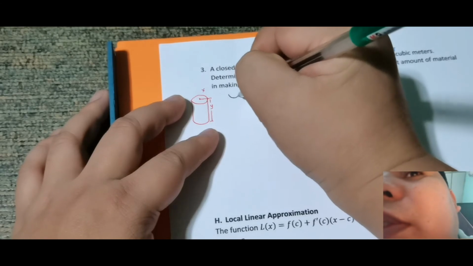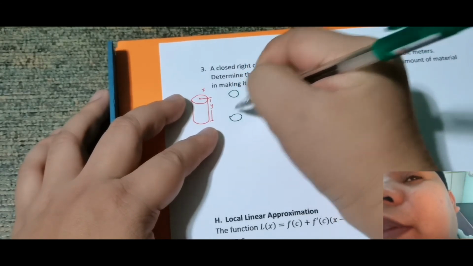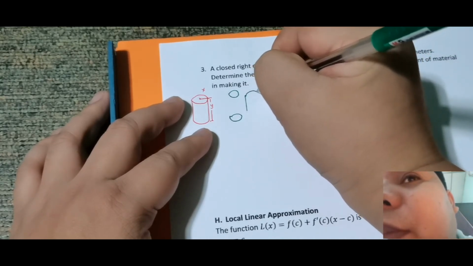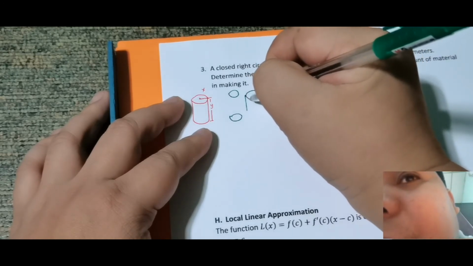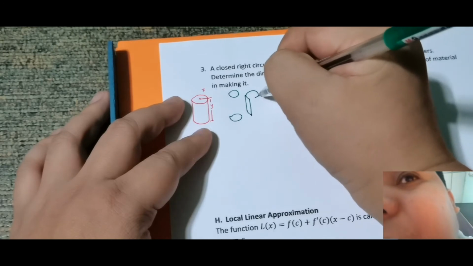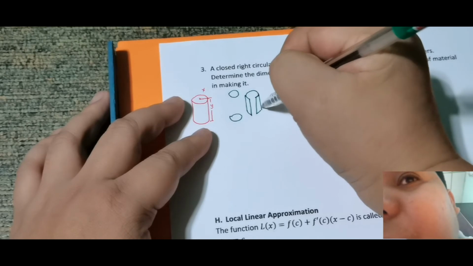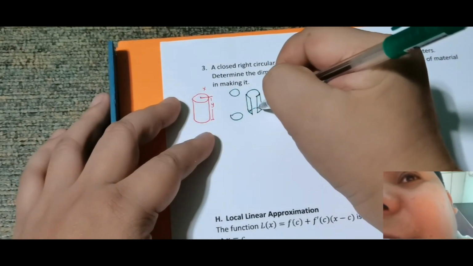Una is ito, yung sa ilalim niya, tapos yung sa gitna is something na ganito. Pagpasensya nyo yung drawing, sir. So kumbaga yun yung naging hati niya.